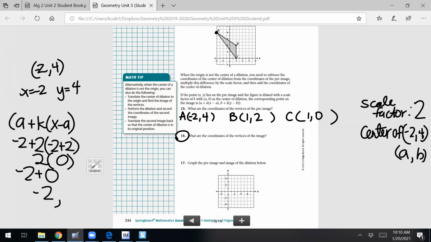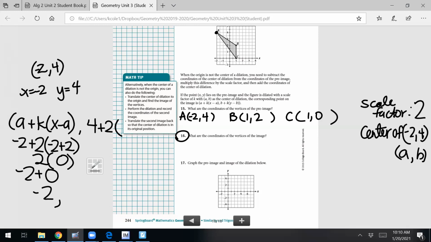But that's plugging it into the formula. That's just the X. Then you would have to do this part of the formula to get the Y. So B is 4, plus K. Yep. K is our scale factor 2. Open parentheses.